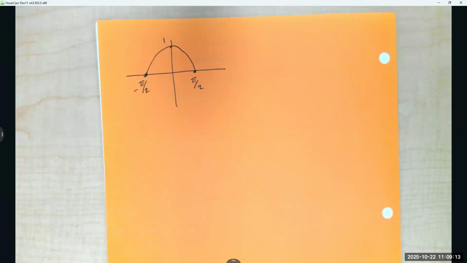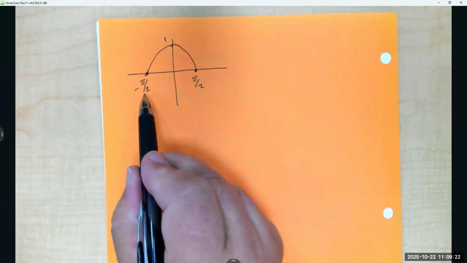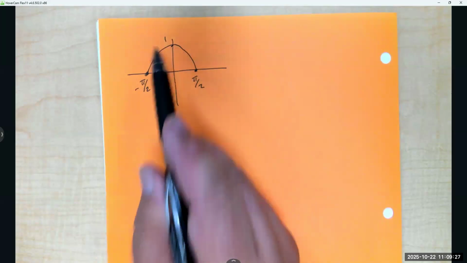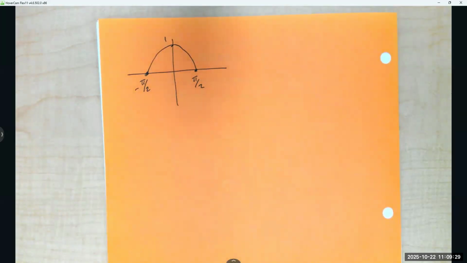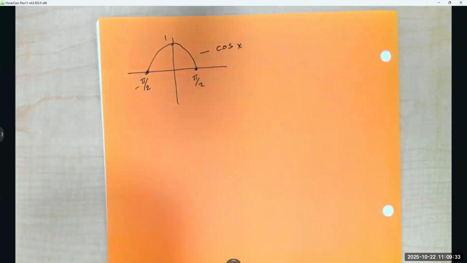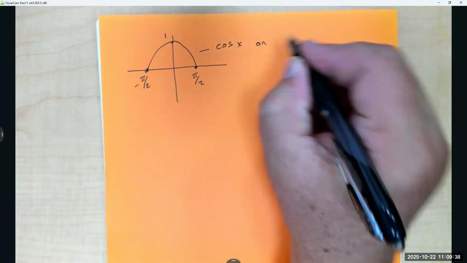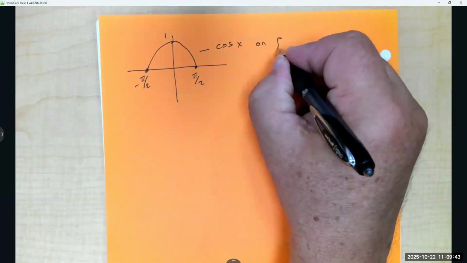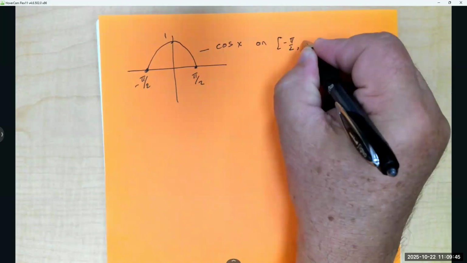It would be negative x squared plus 2. You could do that, but it's from negative pi over 2 to pi over 2. So what function has x-intercepts at pi over 2 and a maximum at 0 as 1? Very good. So it's cosine, and what's the domain? Negative pi. Right.